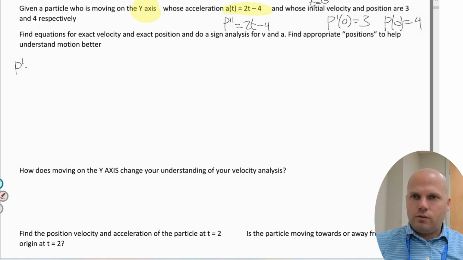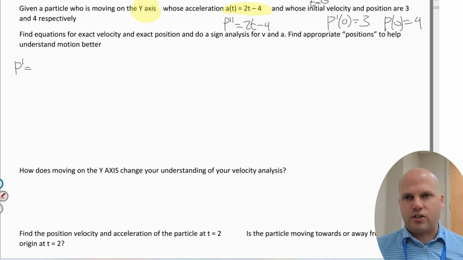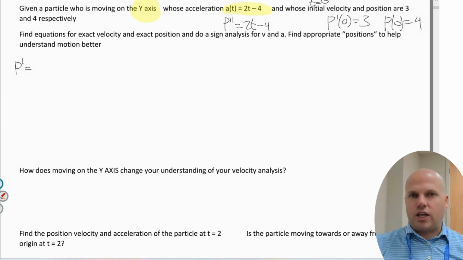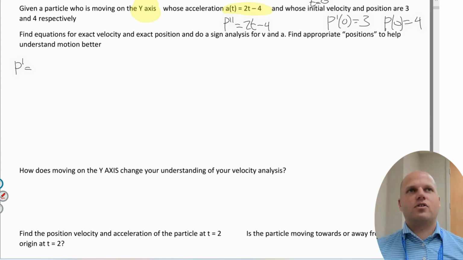I'm going to find the exact velocity and exact position equations, do a sign analysis, find the appropriate positions to understand motion better. So it's pretty much just do everything that we've done before, only now I'm going backwards.